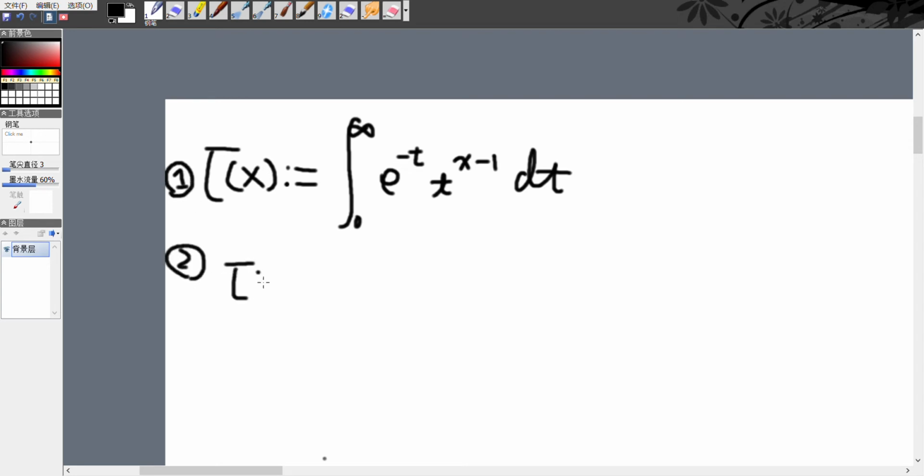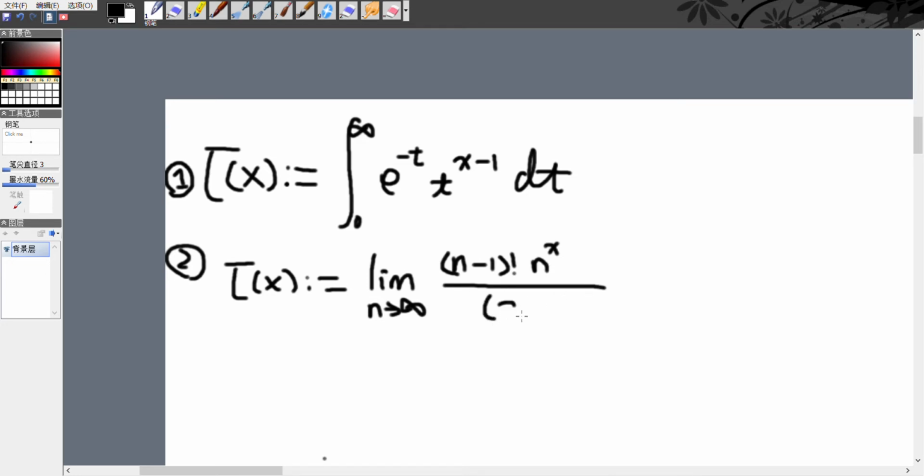The other way is gamma x equals the limit as n approaches infinity of (n minus 1) factorial times n to the x over x sub n, where this symbol is called the Pochhammer symbol.